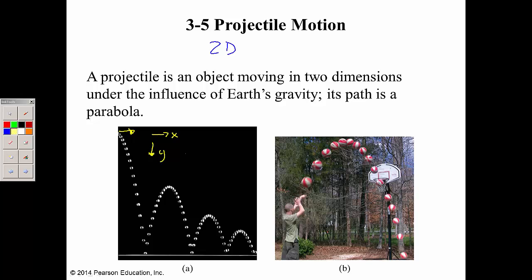And in the y direction, it's affected by the Earth's gravity, so it is accelerating. And in the x direction, in the absence of friction and air resistance and everything like that, there is no force in which to accelerate our position, in the x direction only.